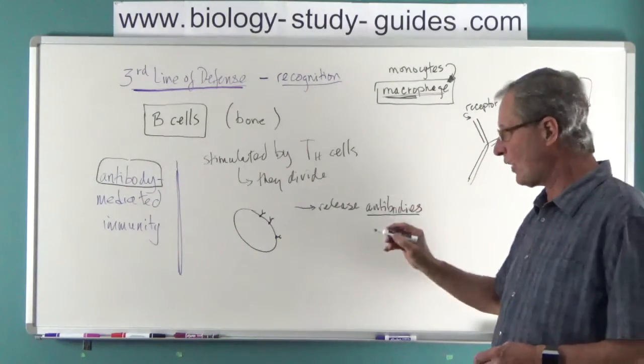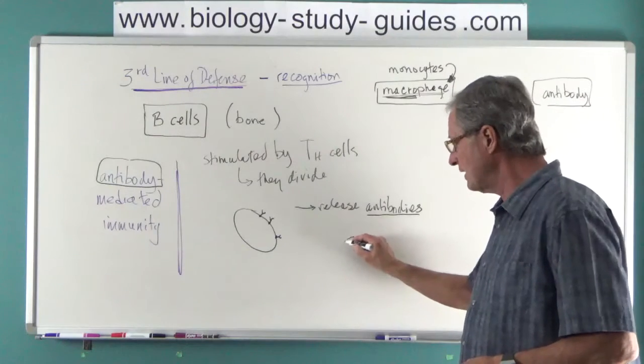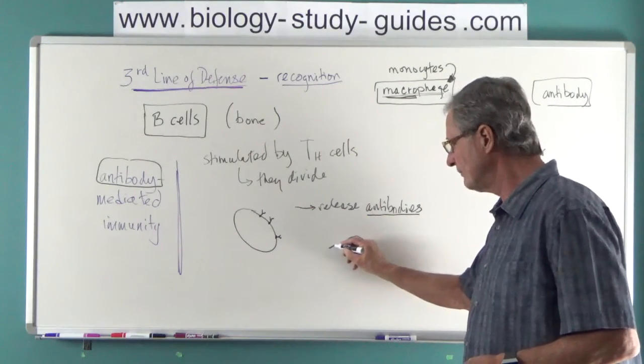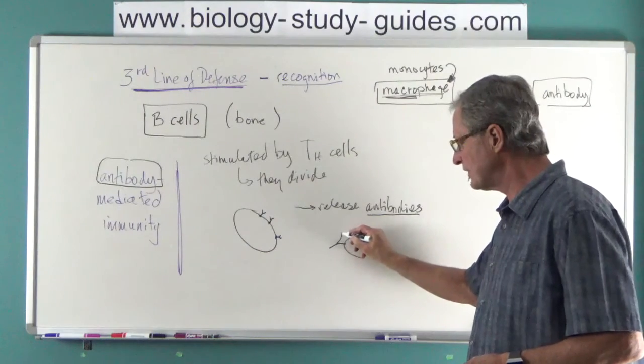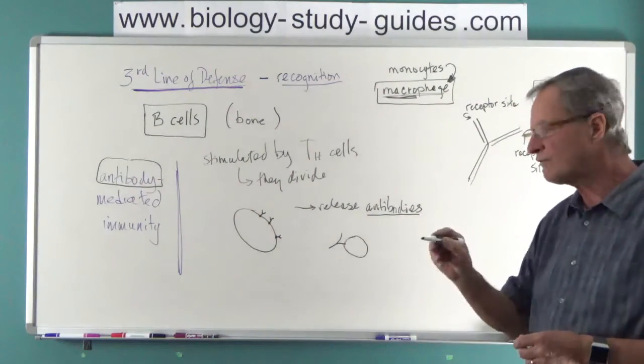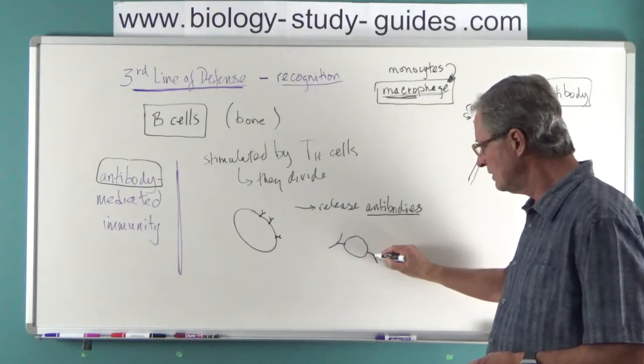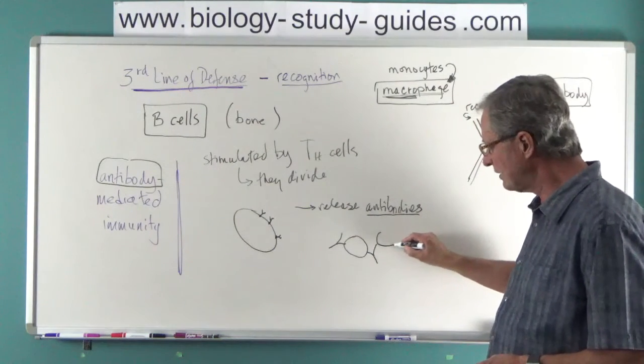And what it does quite simply is it'll locate a foreign cell and it'll bind onto it with its receptor site. And each of these can bind to two cells.